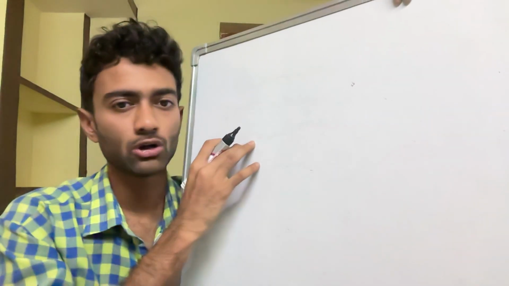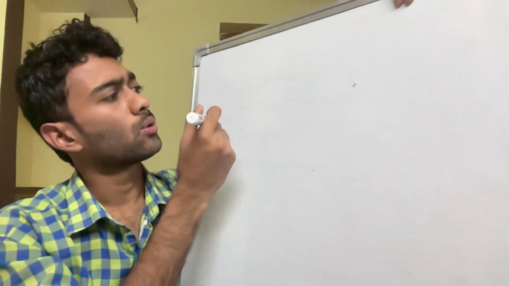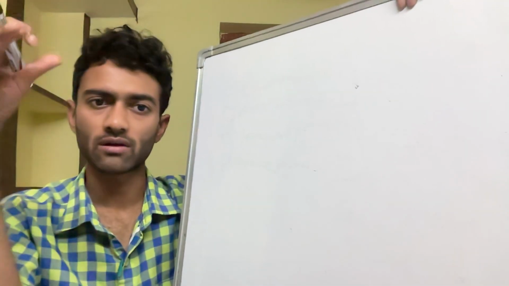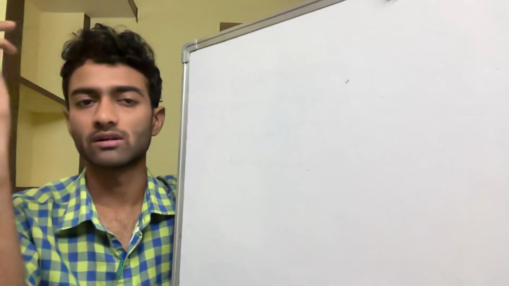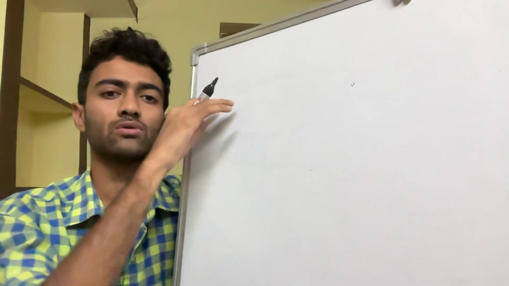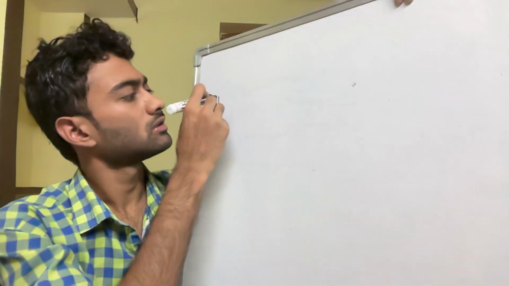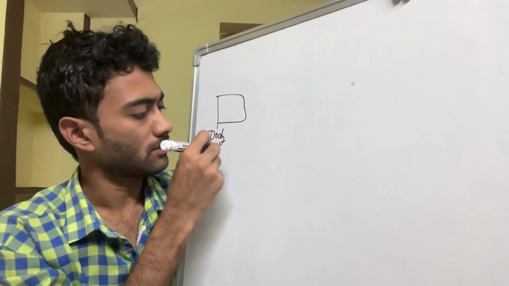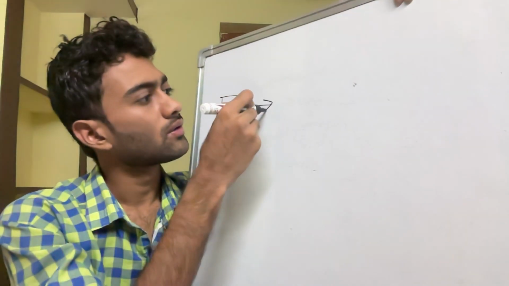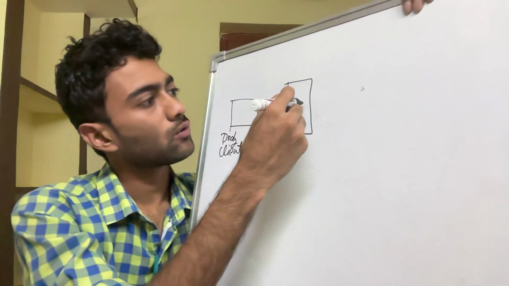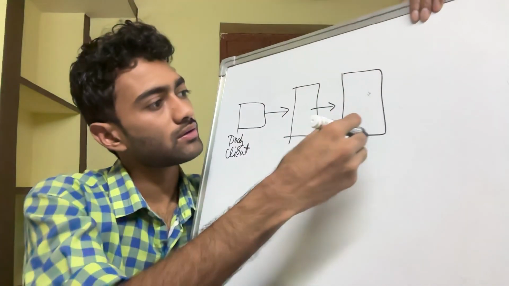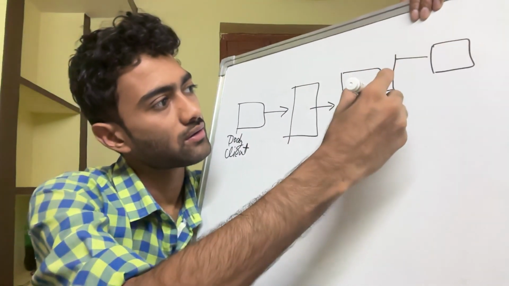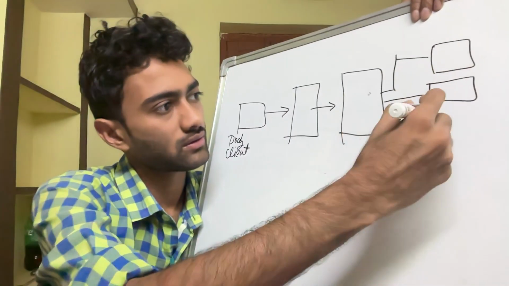So the first scenario: let's suppose we are building a microservices architecture, and there are different kinds of services, and we have to route the service request and response, and the load balancer also can be used in this component. So this is the client. This is the load balancer, this is the API gateway, and these are the services.